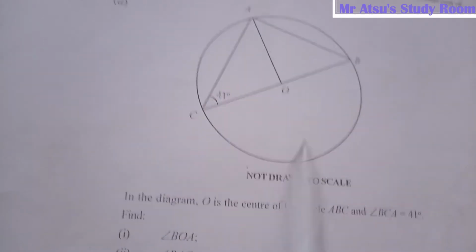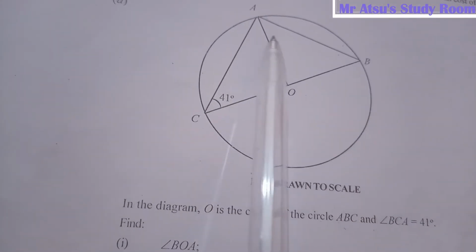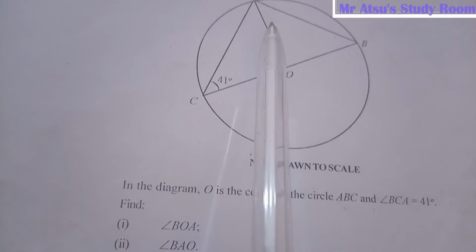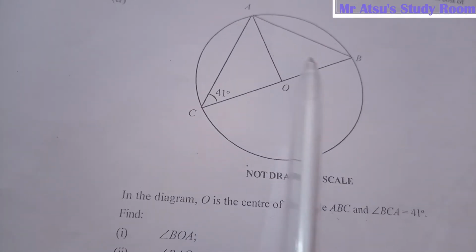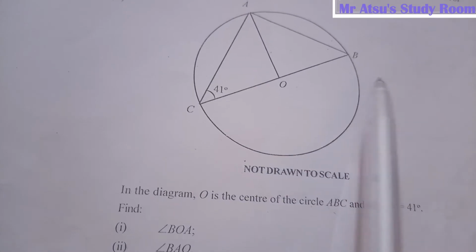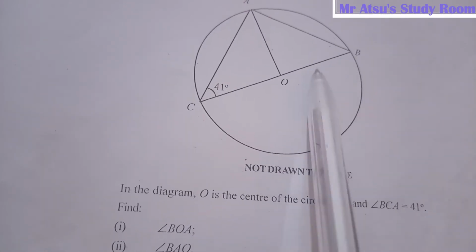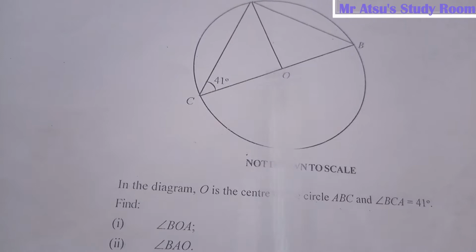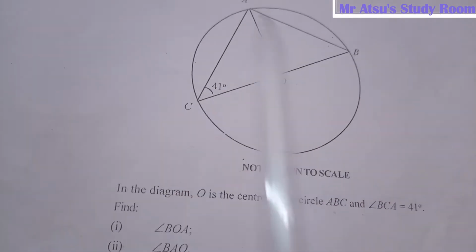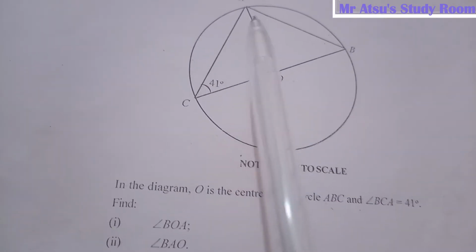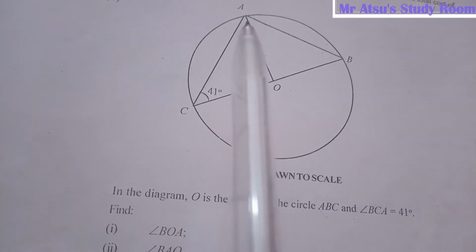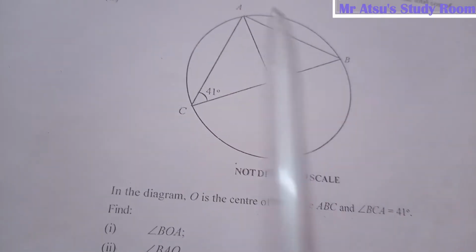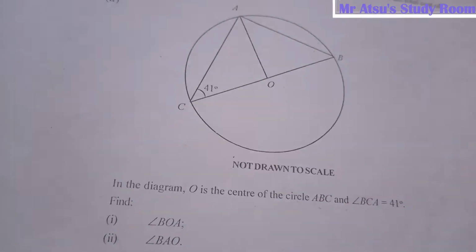That is the angle at A using this second triangle. And BAO, do you remember the theorem as we said at the beginning, that because this is a diameter, this one subtends an angle of 90 degrees here. So it means that angle CAO plus BAO should give us 90 degrees.